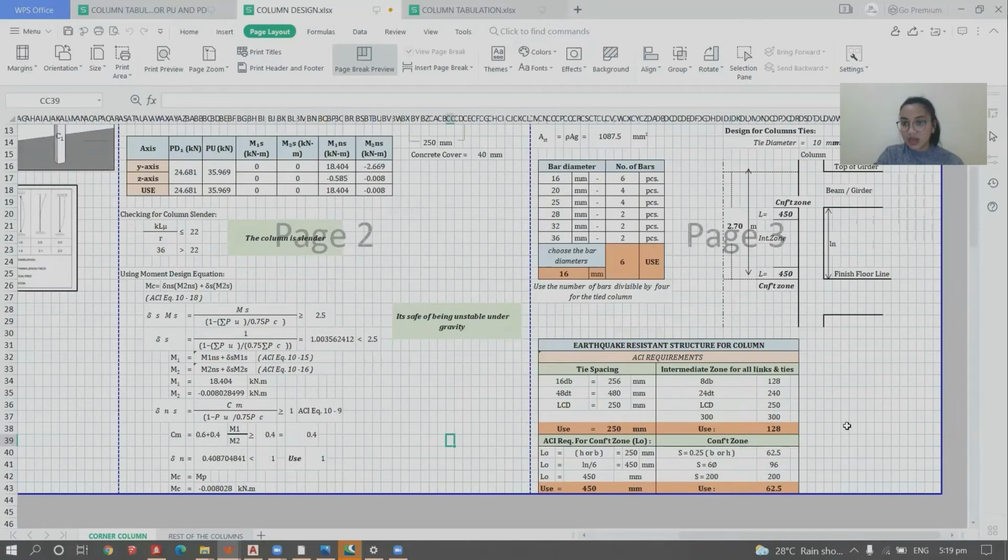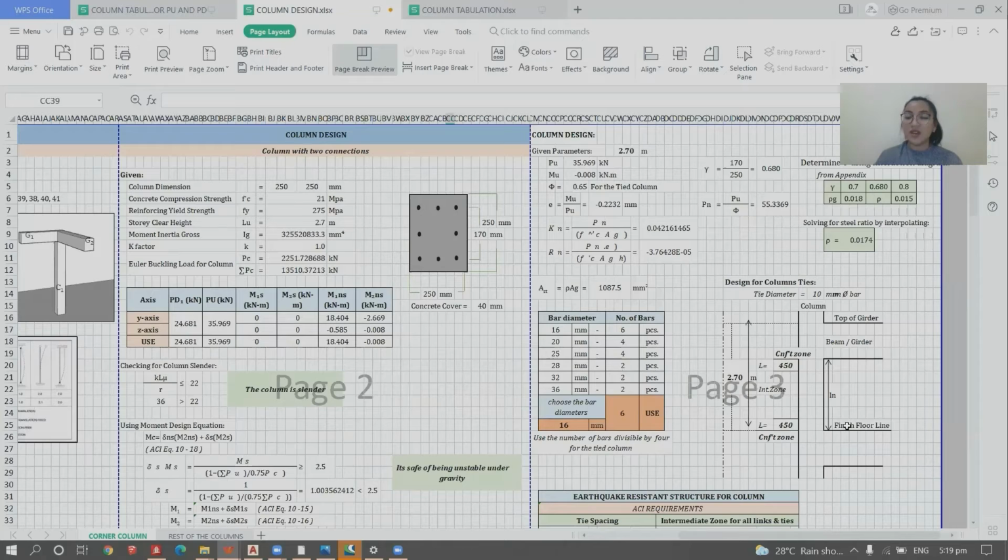And then we have here to check the column design to get the number of bars and spacing. So given parameters, the length is 2.70, PU 35.969, then MU negative 0.008.